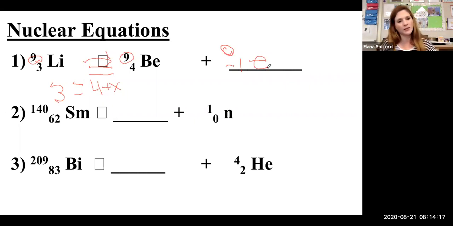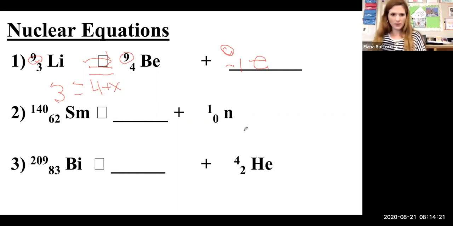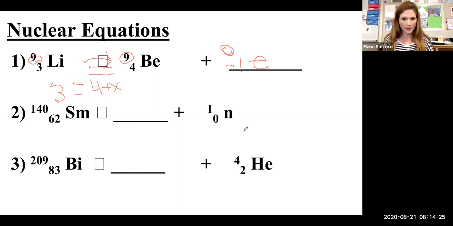So the next one, we just have to do the exact same process, right? I'm going to look at what's on each side, the reactants and the products. I'm going to write in an equal sign, so I remember that it's essentially equal. And then you're going to look and see what it's telling you. Follow the clues.